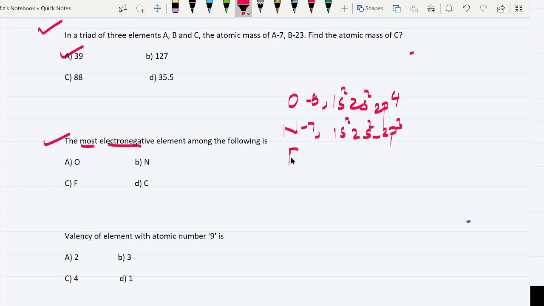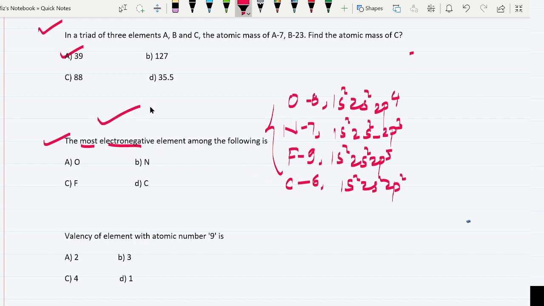And fluorine with atomic number 9 and configuration 1s2, 2s2, 2p5, and carbon with atomic number 6, configuration 1s2, 2s2, 2p2.